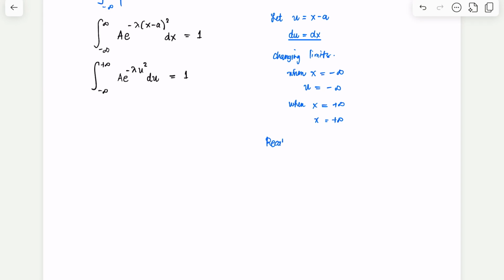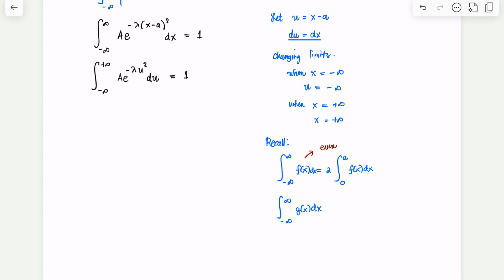Recall this one: if you have an integral from negative infinity to positive infinity of, say, f of x dx, and f of x is an even function, this tells you that the integral will be twice the half, that is, twice the integral from 0 to positive infinity of f of x dx. Now another case is if we have an integral from negative infinity to positive infinity of, say, g of x dx.